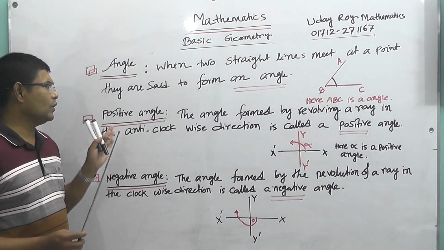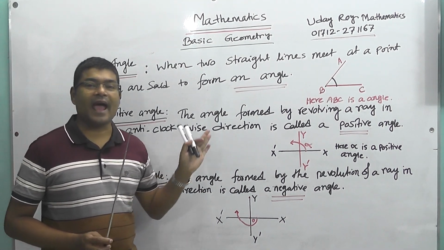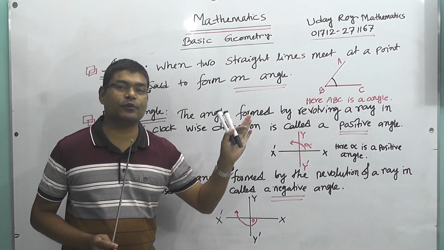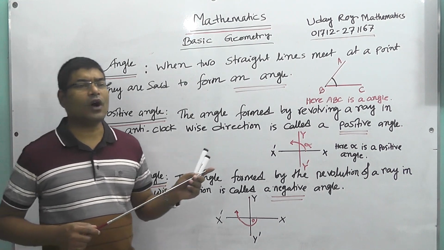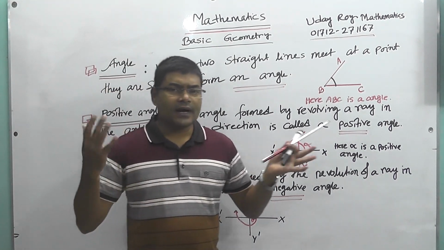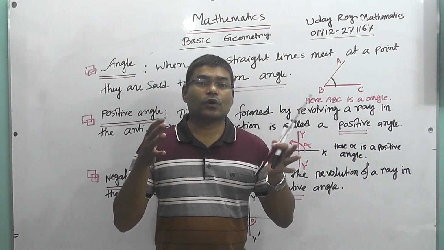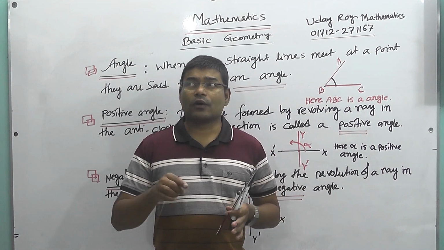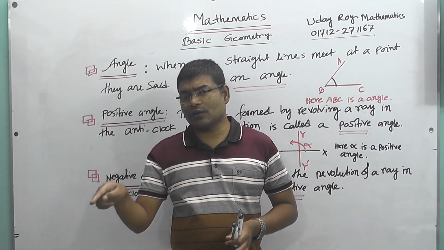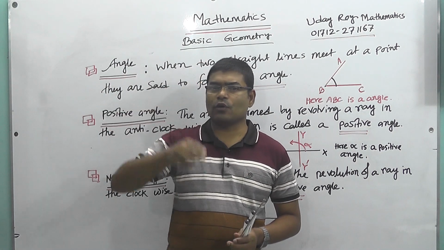Now we have to know what is the positive angle and negative angle. I think we all know the clock. So clock, that means this is clockwise and this is anti-clockwise.